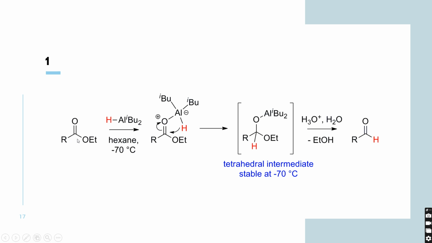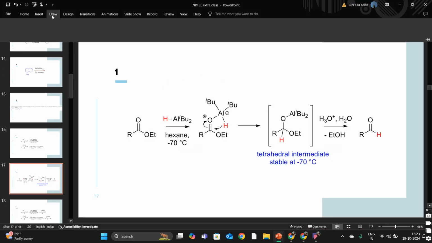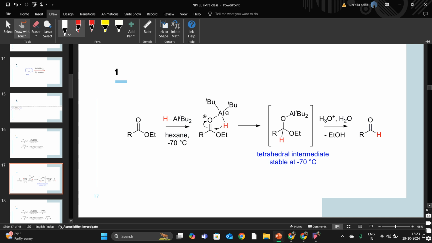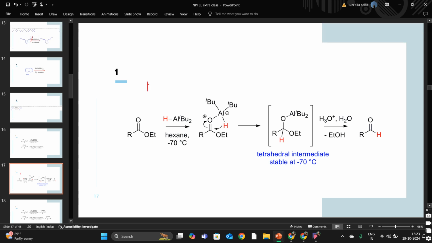And after the hydride donation, the oxyanion that forms makes a coordinate bond with the aluminium. Or you can show the reaction in this way. We have this aluminium center of DIBAL, and aluminium contains a vacant molecular orbital.